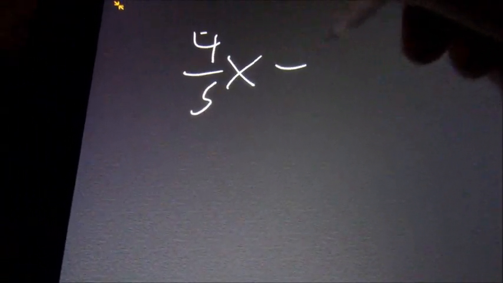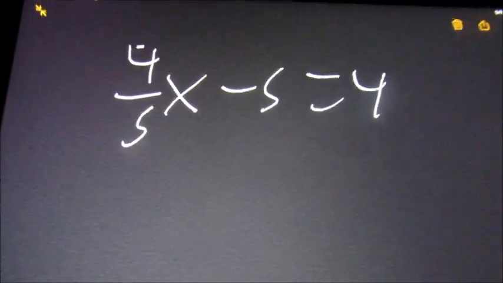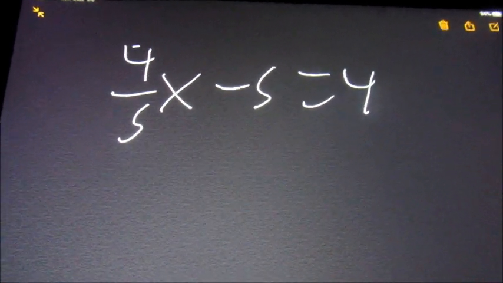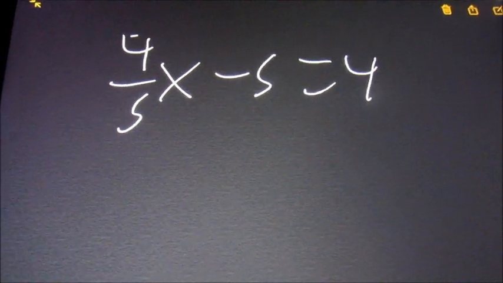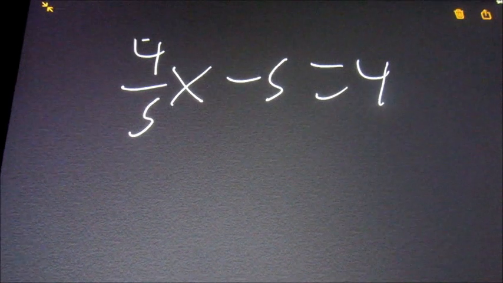Alright, so the next one that we have is 4 over 5x minus 5 equals 4. Now here's one where we do have just the fraction. So I'm going to get rid of the fractions first here. It doesn't matter as much on this one because you can do it multiple ways.